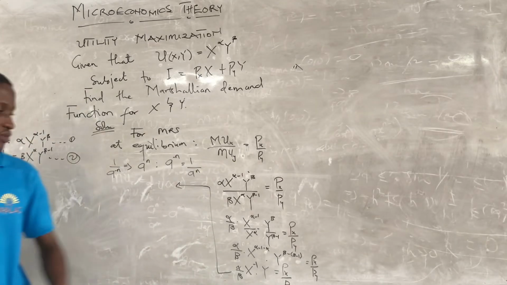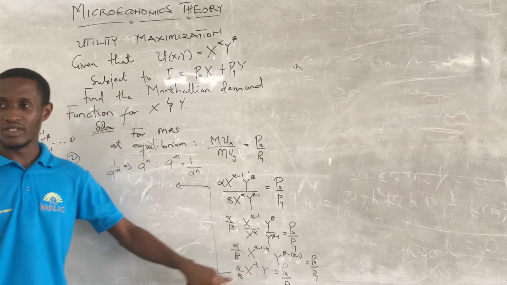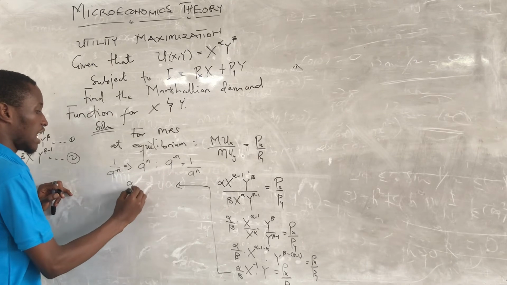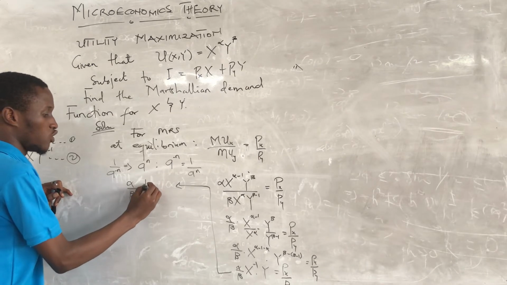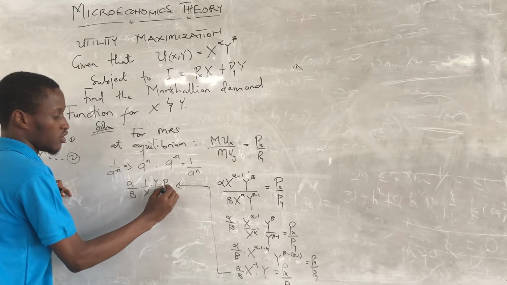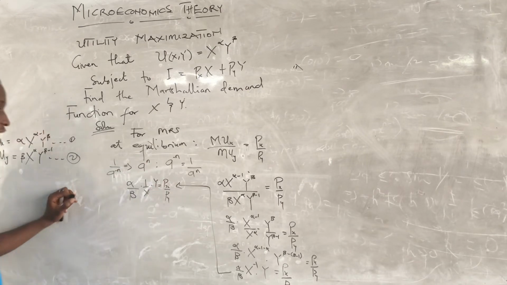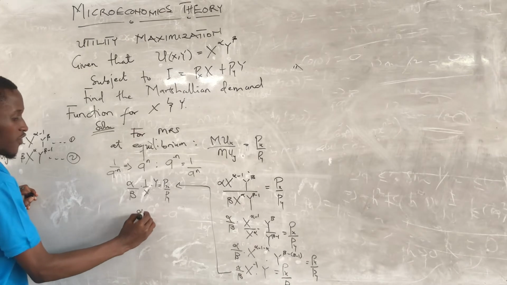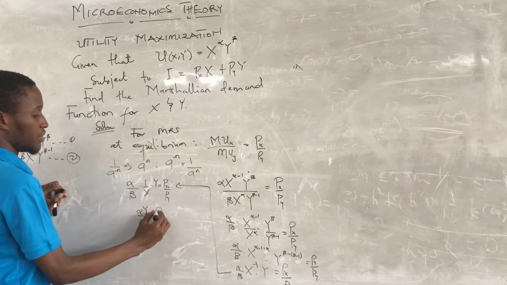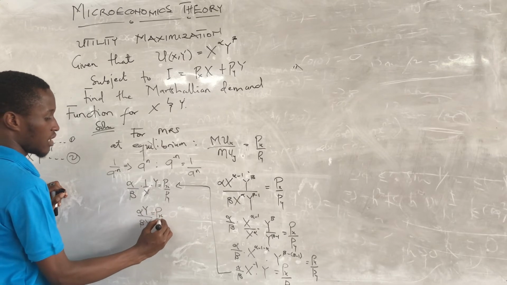So now we have x exponent negative 1, which will be written as 1 over x. So I have alpha over beta times 1 over x times y equal to Px over Py. So then I'll have alpha y over beta x equal to Px over Py.